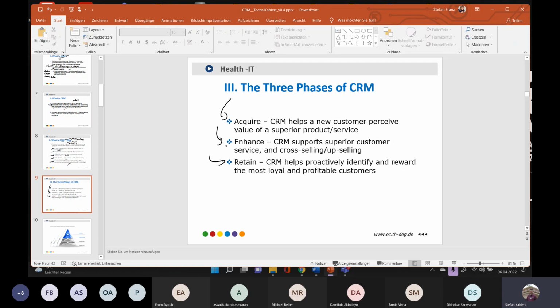You enhance certain service for support, and you try to do some cross and upselling if you have a client at hand. And if you have an existing customer base, you try to retain them by proactively keeping the contact with them, taking care that they are loyal, and that they're profitable for you. And the ERP CRM system will help you to manage that.